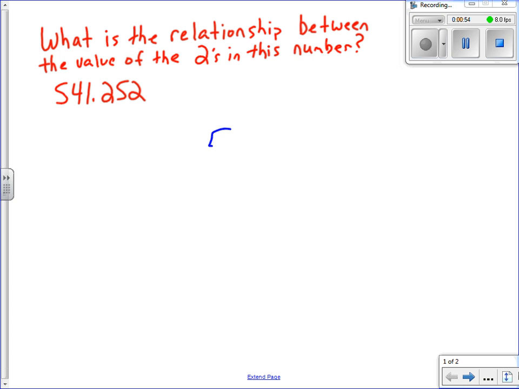So we're going to write this number down here, 541 and 252 thousandths. And we want to compare the 2's in this number. I start with either one of the 2's, and I'll start with this one right here in the thousandths. And I'm going to count place values using camel humps. 1, 2. Now, once again, I could go either way.